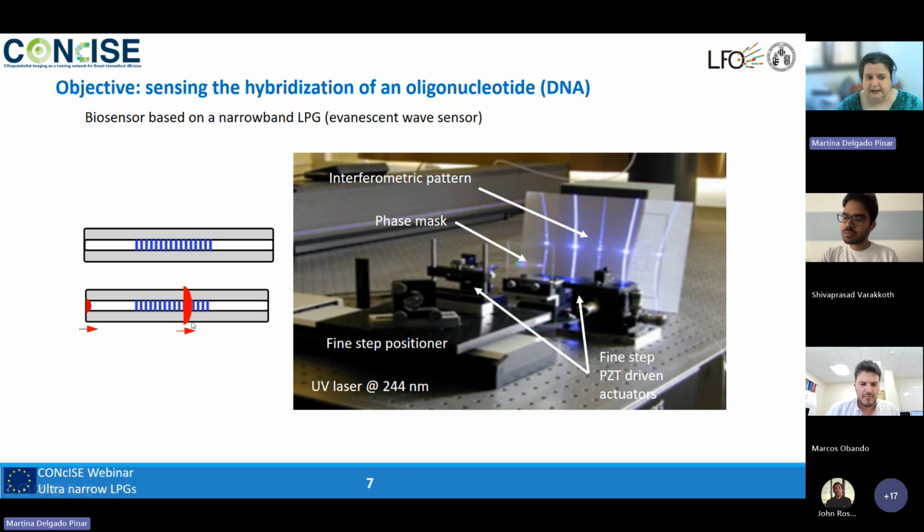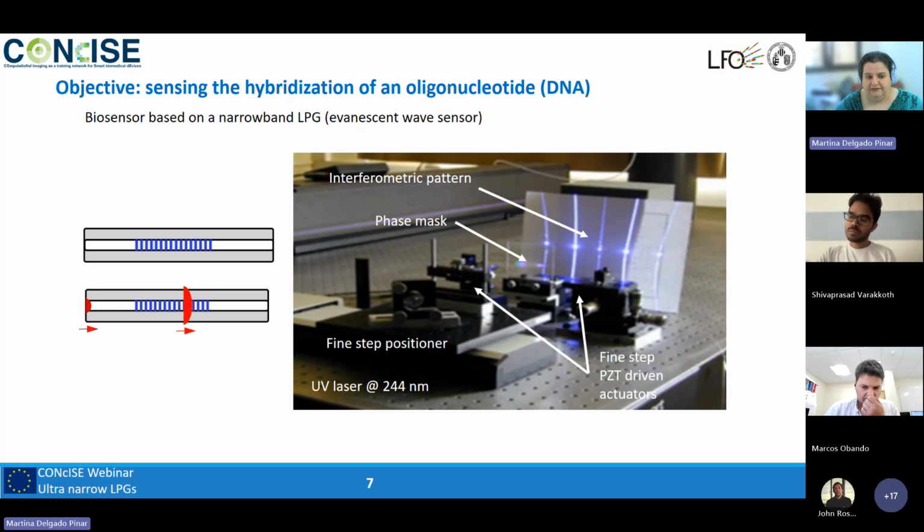This is resonant, so it happens at a given wavelength, and because one of the modes involved in the coupling is a cladding mode, there is a fraction of energy in the outer medium. So that means that this device will be sensitive to changes in the external medium.